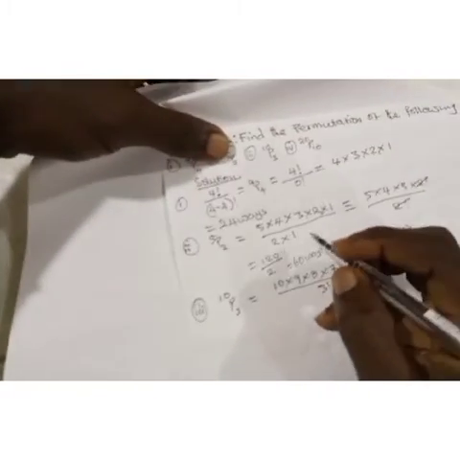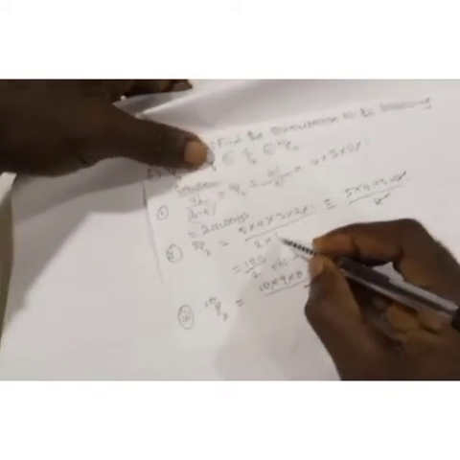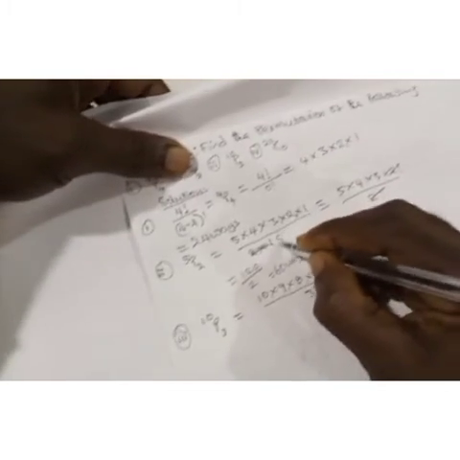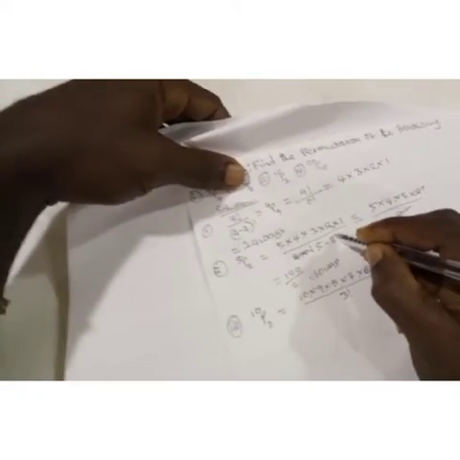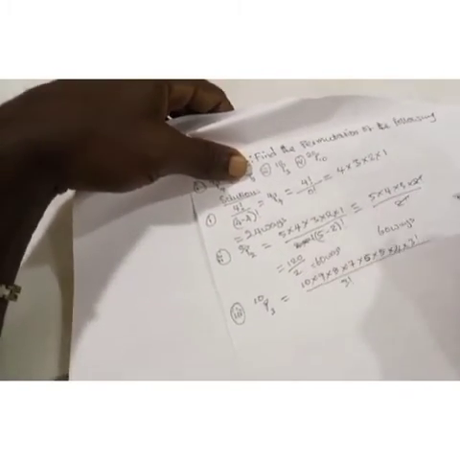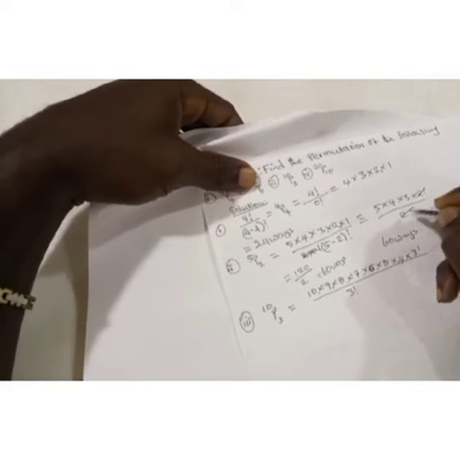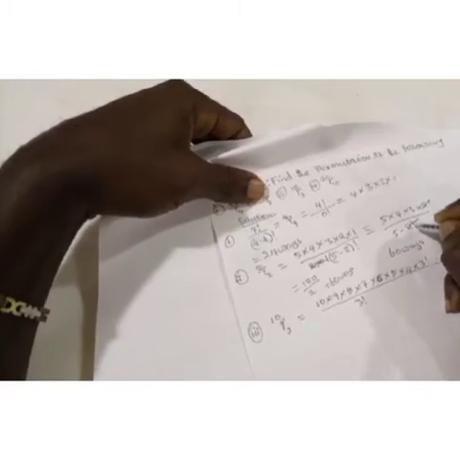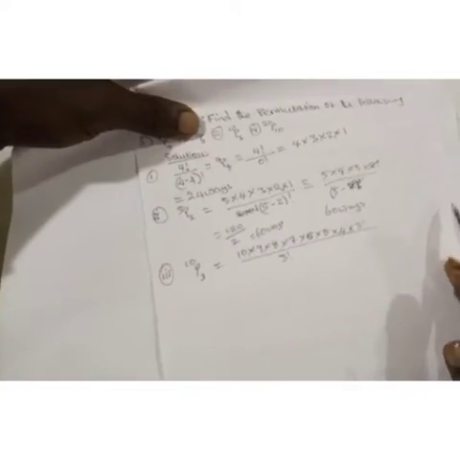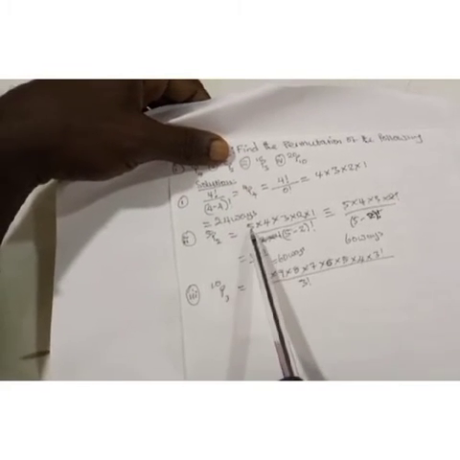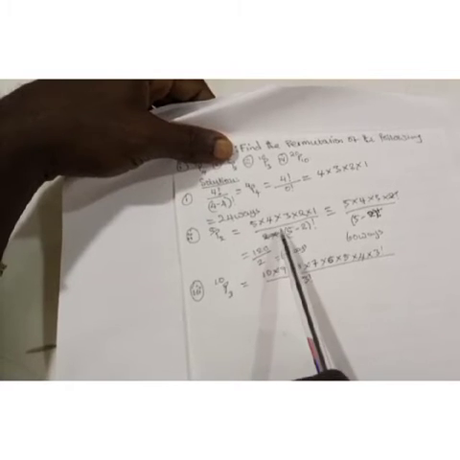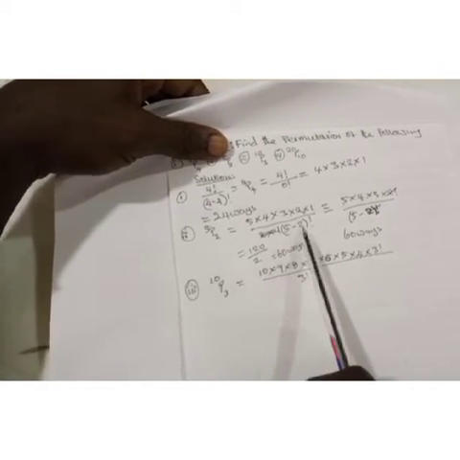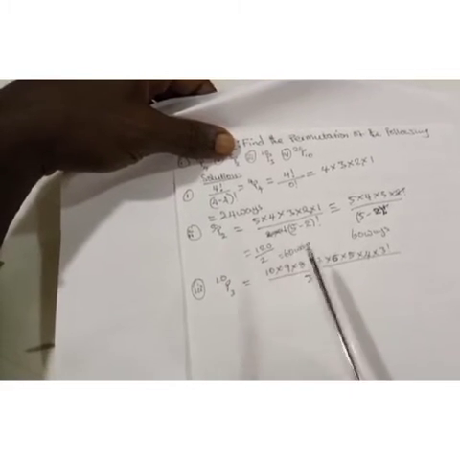Oh sorry, here will be 5 minus 2 factorial. I'm sorry, let's correct this mistake from number 2. 5 permutation 2 is equals to 5 factorial all over 5 minus 2 factorial, not over 2 factorial.